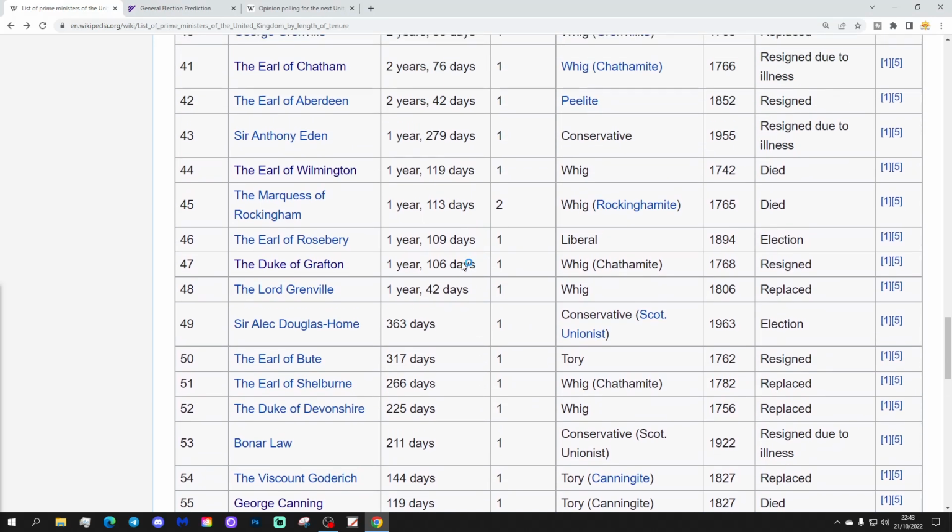And then after that, we've got these prime ministers who managed to make it to 1 year, 2 years, and whatnot. There is Anthony Eden. He did 1 year, 279 days, started in 1955, resigned due to illness. Apparently, he had a dodgy gallbladder, but really he was thrown out after the Suez crisis.